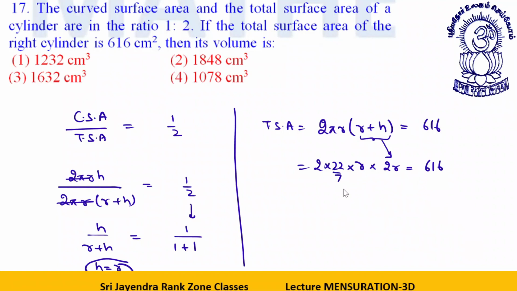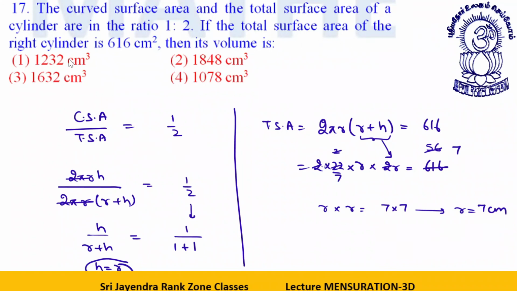Now, how do I cancel this? 22 I cancel by 11 to get a 2. 616 divided by 11 is 56. Now this is 2 into 2 into 2, 8. 8 cancels with 56 to give me a 7. Now I get r into r is equal to 7 into 7, or I get r is equal to 7 centimeter. Fine.